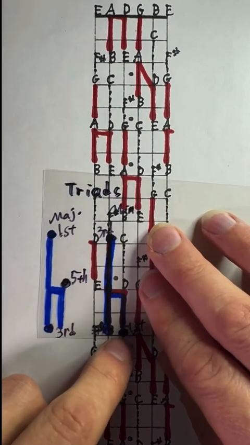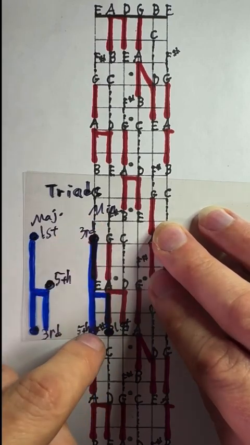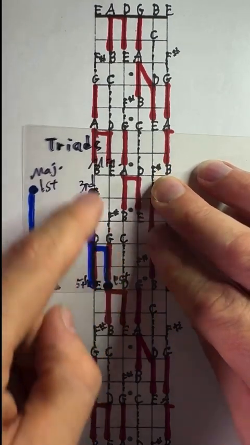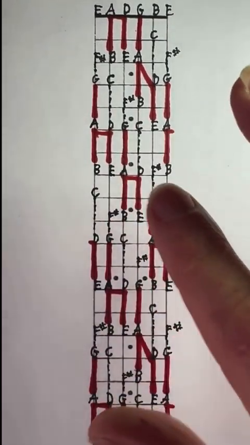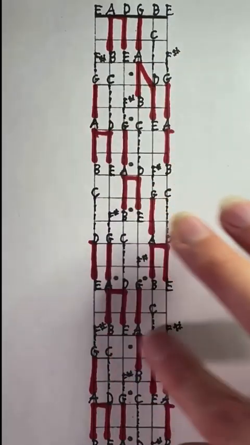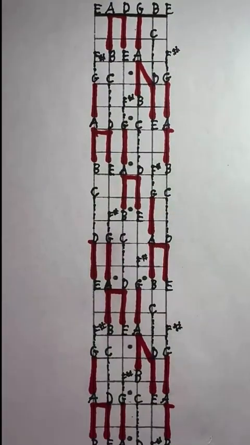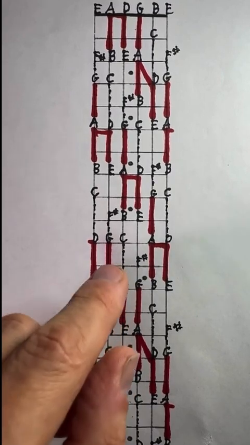So if we go over to E, first, third, and fifth, we go over to B, first, third, and fifth, and A, first, third, and fifth. So all the notes for the basic major and minor chords are going to be within this one shape.